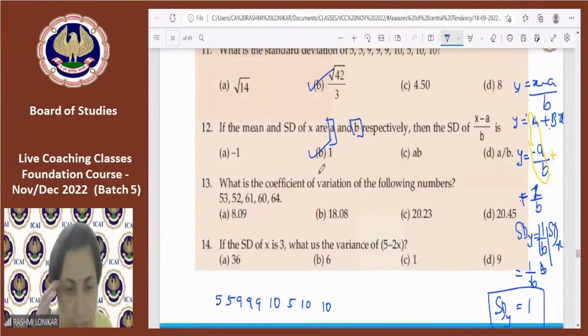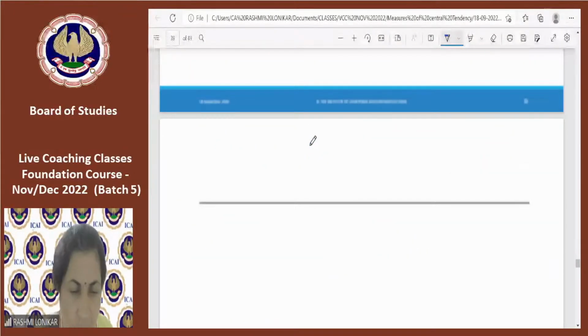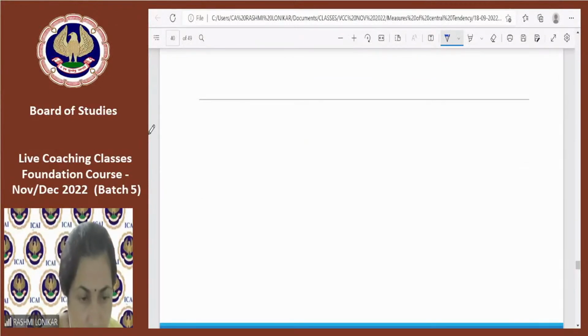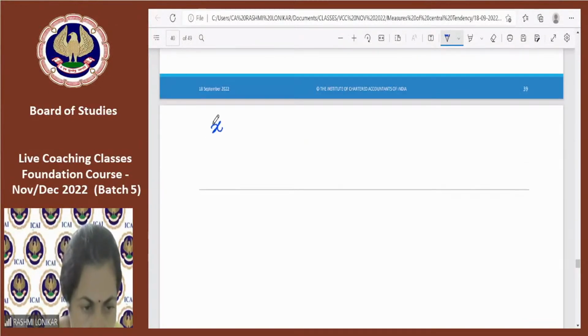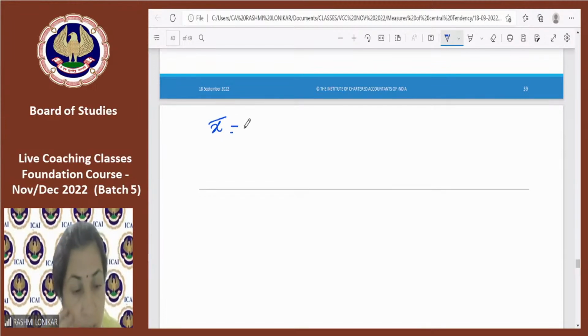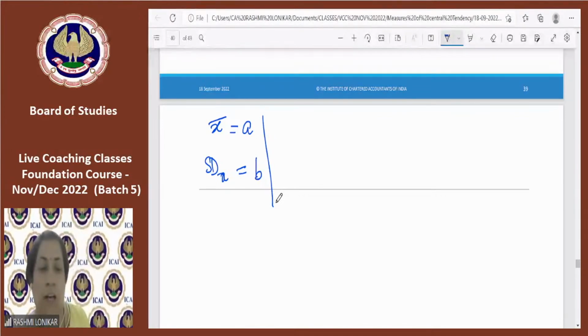If the mean and standard deviation of x are a and b. Mean of x is a, standard deviation of x is equal to b. Okay, this is all the information that I have.